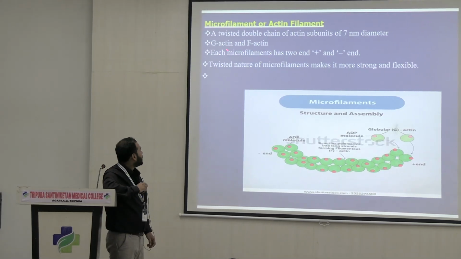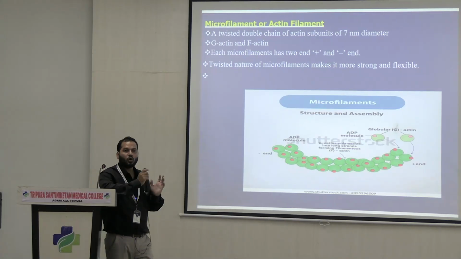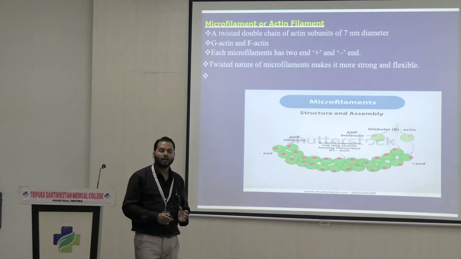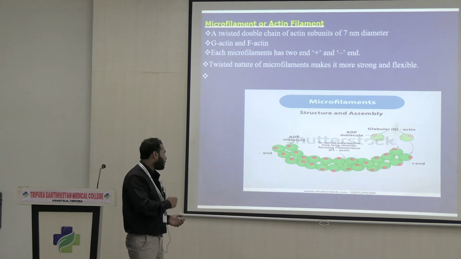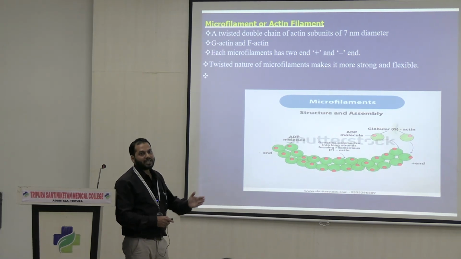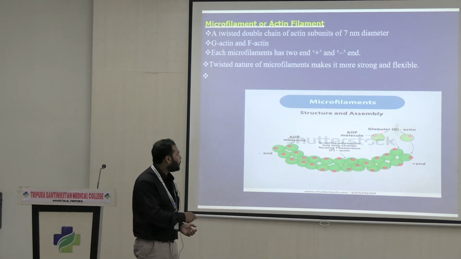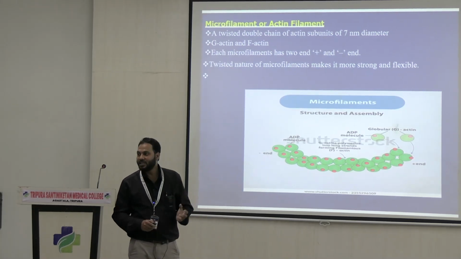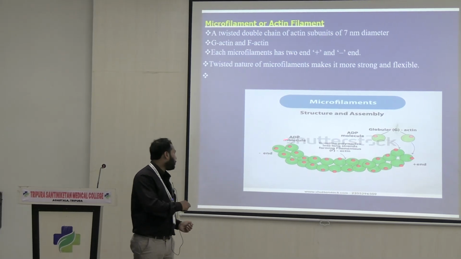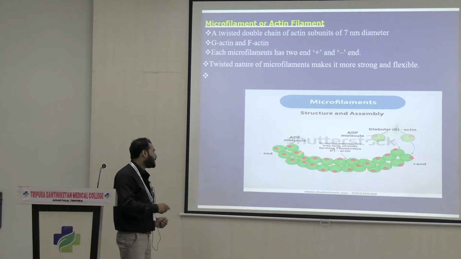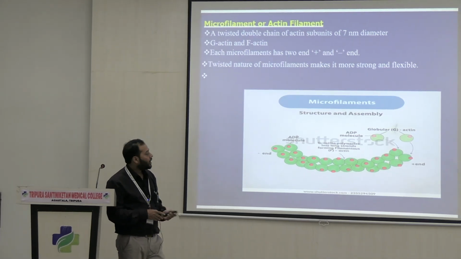So like microtubule structures, microfilaments also have 2 different ends. One is the plus end, you can see, and another is the minus end. At the plus end, polymerization occurs by the attachment of globular actin in the presence of an energy molecule, and depolymerization occurs at the minus end of the microfilament structure.